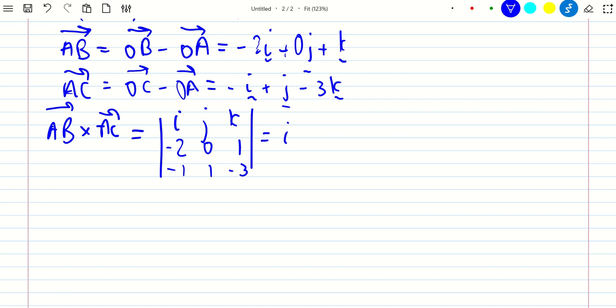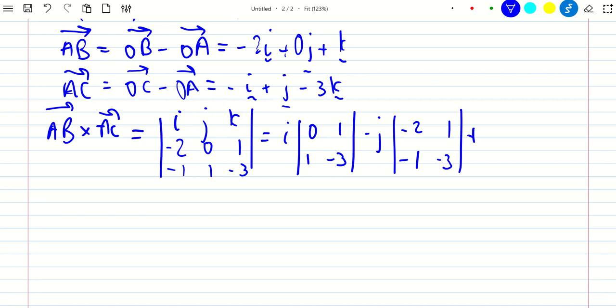So that's equal to I times (0, 1, 1, -3), take away J times (-2, 1, -1, -3), plus K times (-2, 0, -1, 1). I'll just chuck my tildes in there, don't want to upset the examiners.